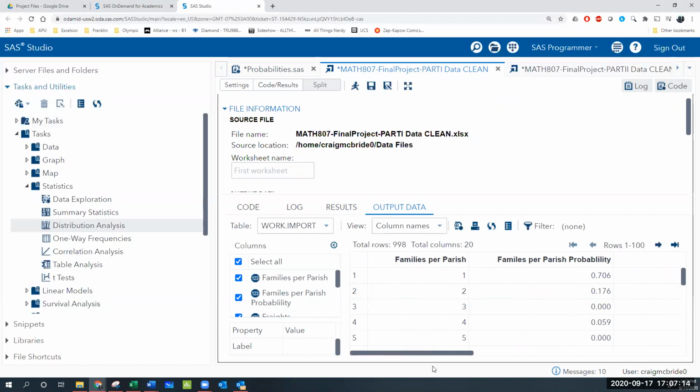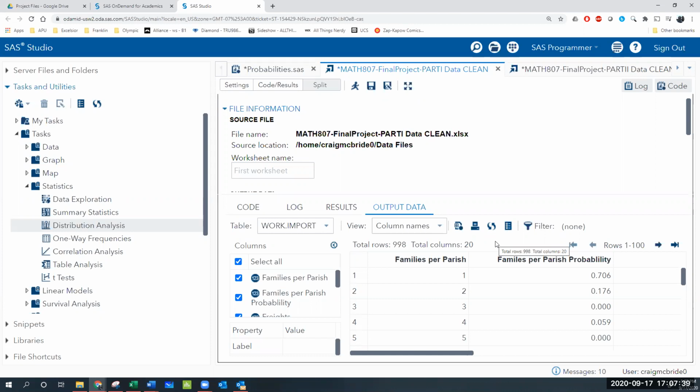The original data set was horrible because it had a bunch of extra junk at the top that, if you tried to load it into SAS, it wouldn't work, because in order for SAS to load data, the first row has to be the variable name, and then the numbers have to start in the second row. And it didn't do that for either of the sets of data.